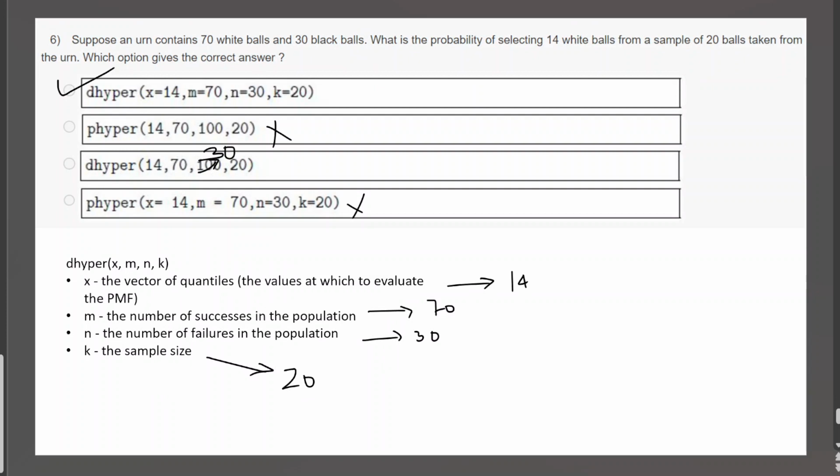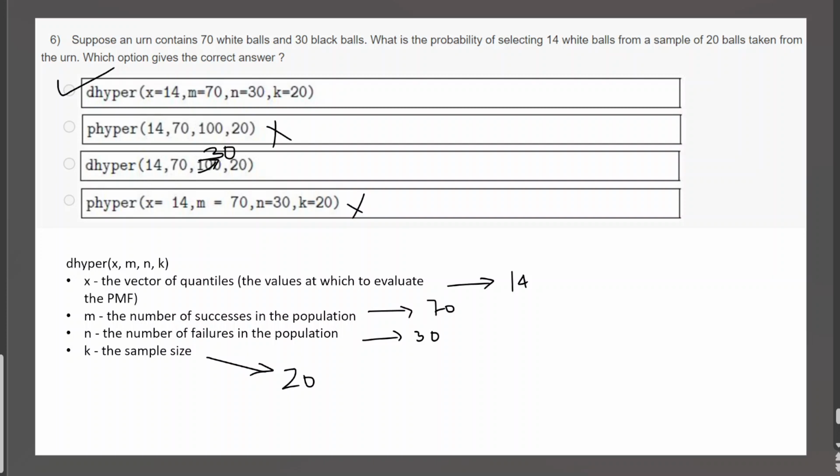Let's discuss the next question. Suppose an urn contains 70 white balls and 30 black balls. What's the probability of selecting 14 white balls from a sample of 20 balls taken from the urn? So the population is fixed: the urn contains only 70 white balls and 30 black balls.